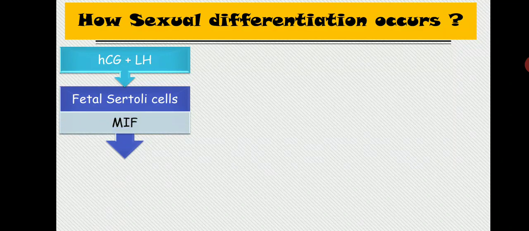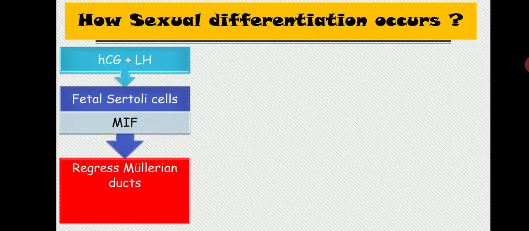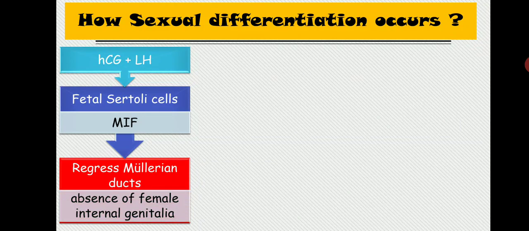Mullerian inhibiting factor or anti-Mullerian hormone. Once the Sertoli cell secretes MIF, that MIF will regress the Mullerian duct. Now from the Mullerian duct, female internal genitalia will develop. So regression of the Mullerian duct leads to absence of the female internal genitalia.